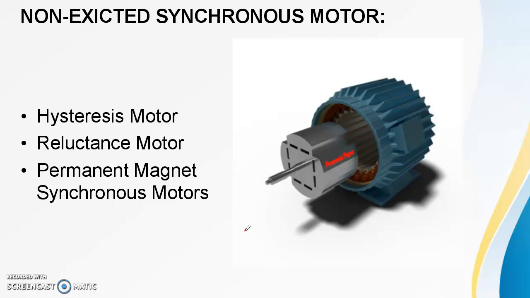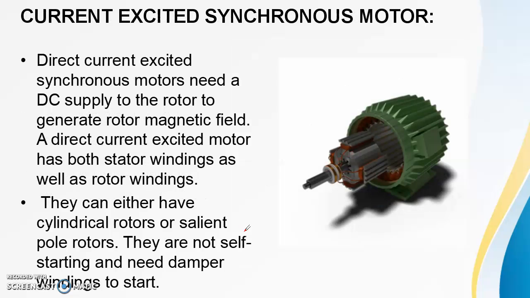Then finally we are going to see about the current excited synchronous motor, which is shown in the figure. Current excited synchronous motor needs a DC supply to the rotor to generate the rotor magnetic field.